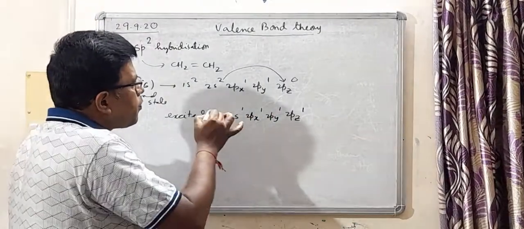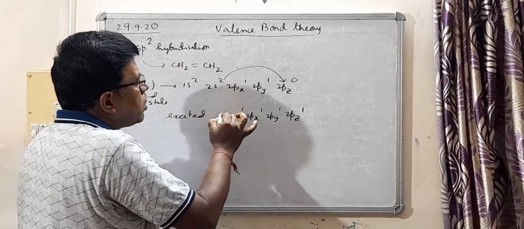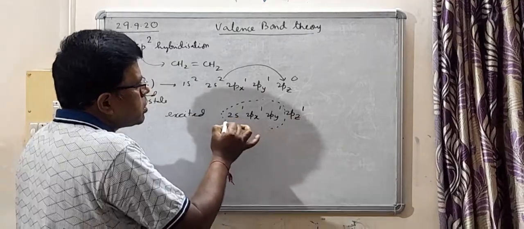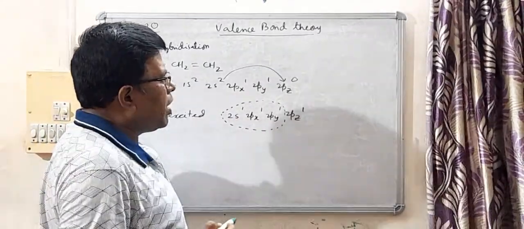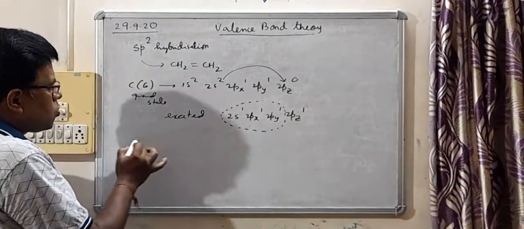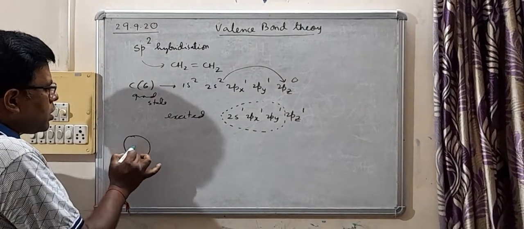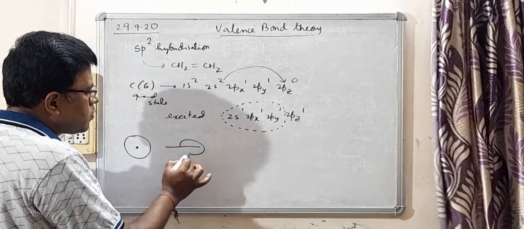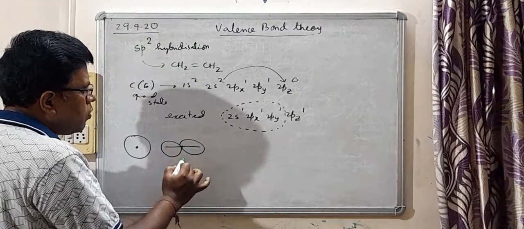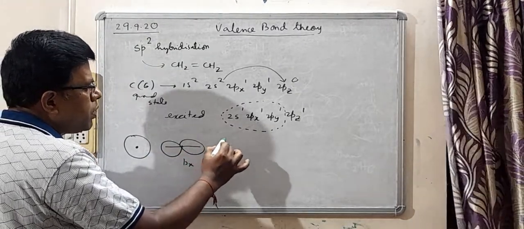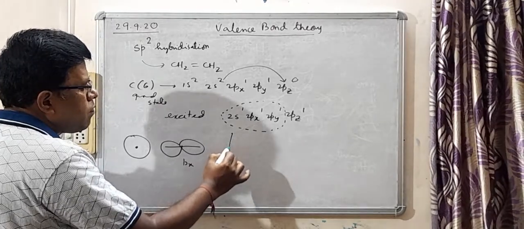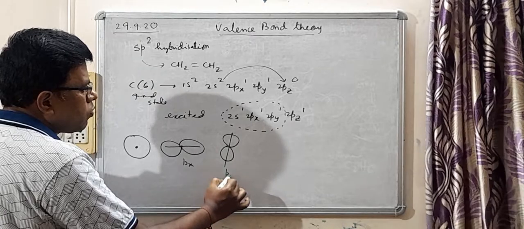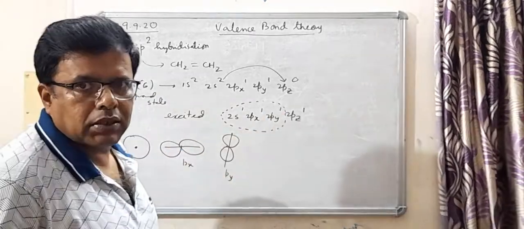Now in this molecule, these orbitals will mix. The 2s orbital will be mixing with px, will be mixing with py, but will not be mixing with pz.